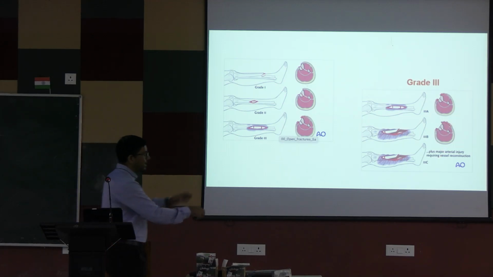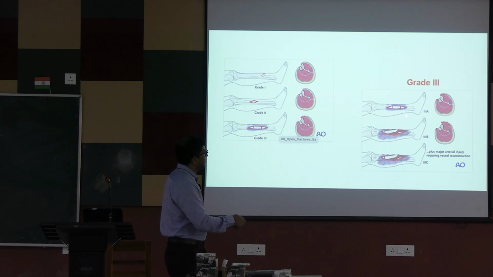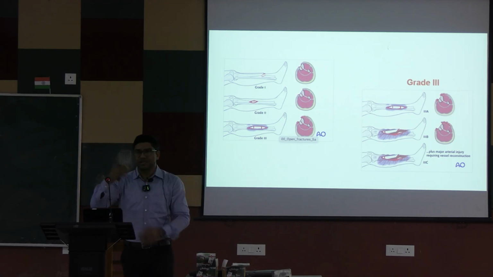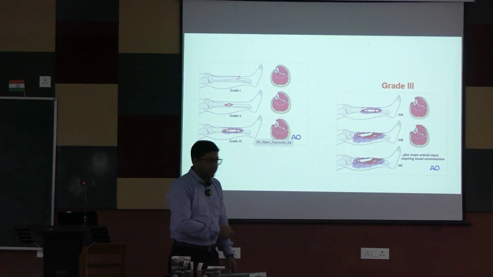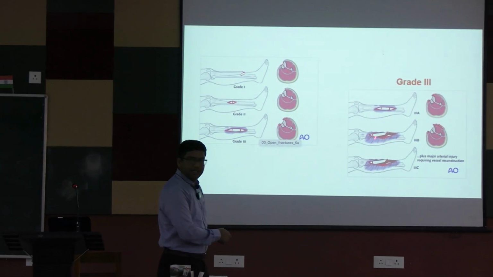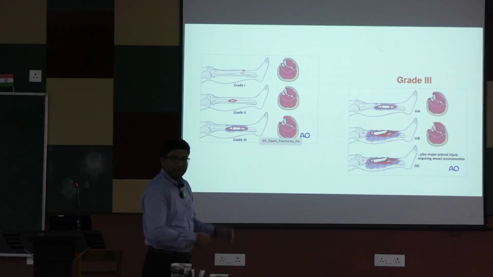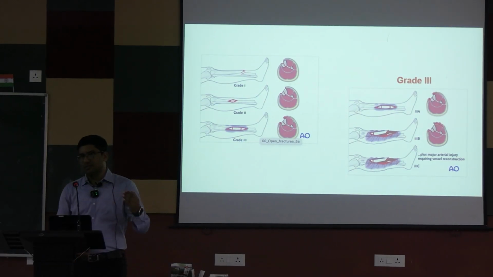3A is, though the size is large, and the fracture is, see the 2-level break, that means the fracture is comminuted or segmental. So it doesn't need plastic surgery coverage. 3B, bone is exposed. Bone exposed means the periosteum has been damaged.